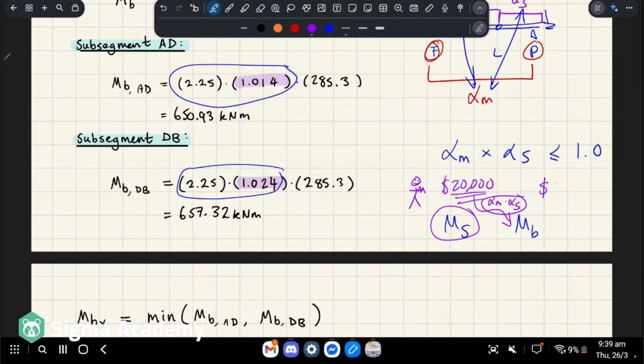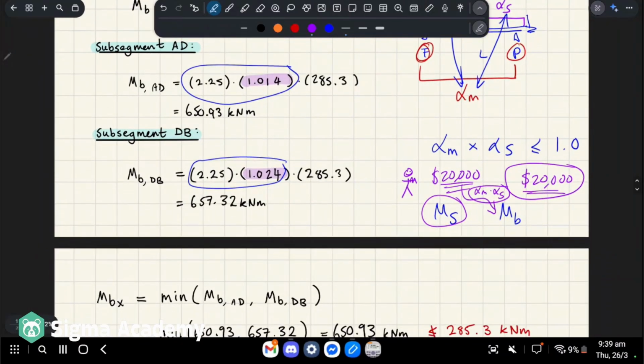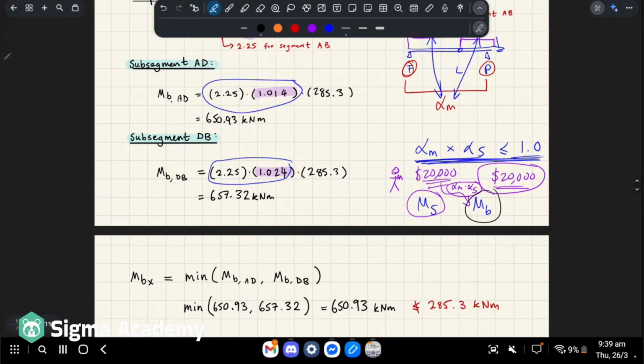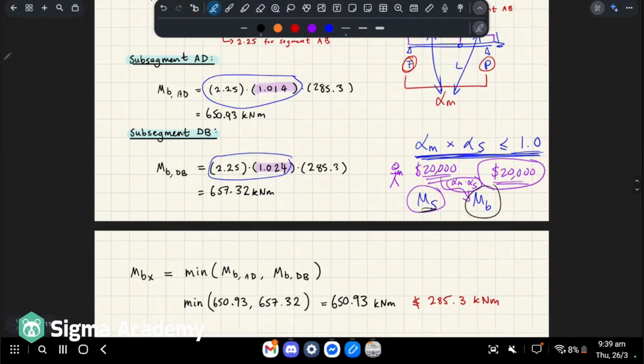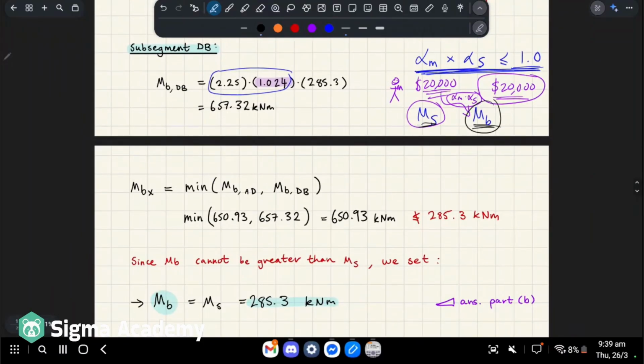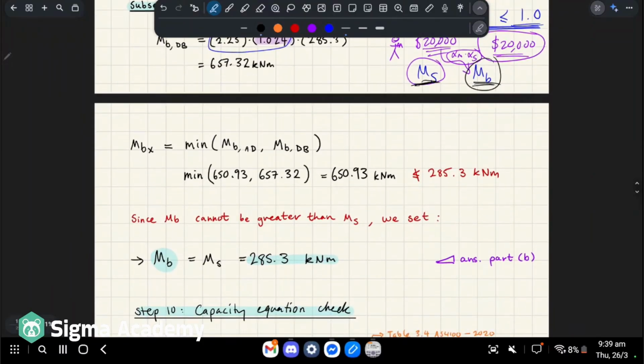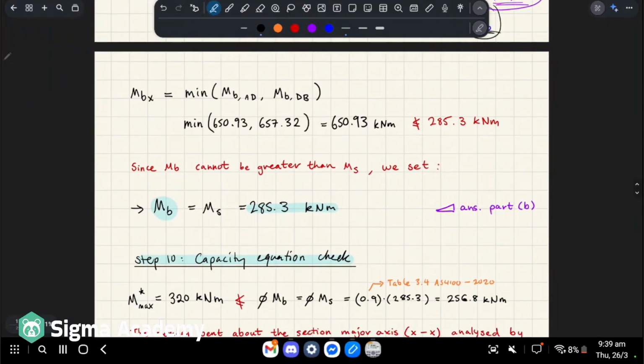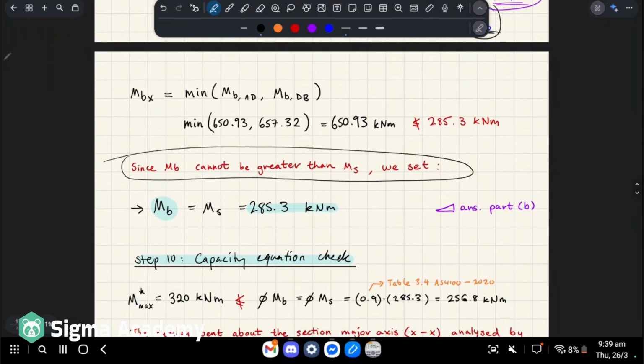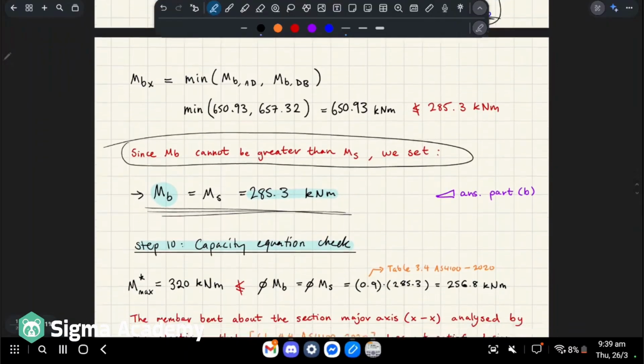But it can't be greater than, so this is your net earnings, right? But it can't be greater than your gross earnings, basically, right? So that's what's happening here. You can't have these two be greater than 1 because the product of these two can't increase your MB compared to your MS, right? So your net earnings compared to your gross earnings in that analogy. Since MB cannot be greater than MS, we set this back down to MS.